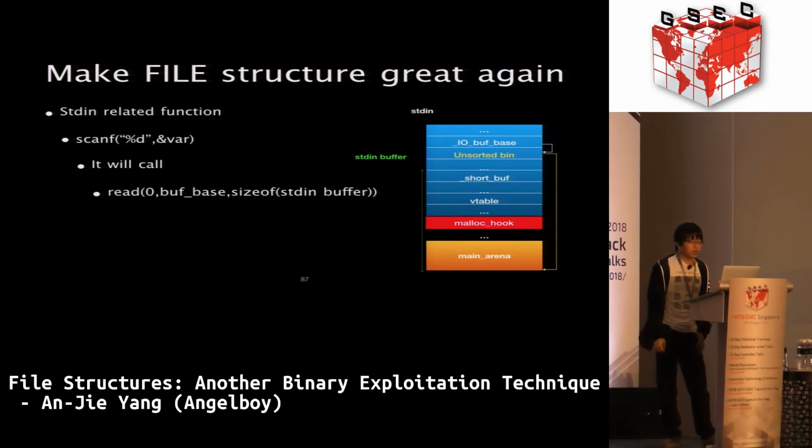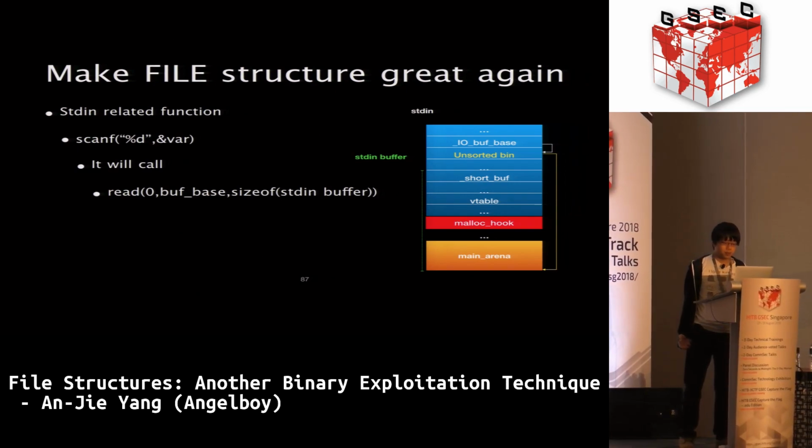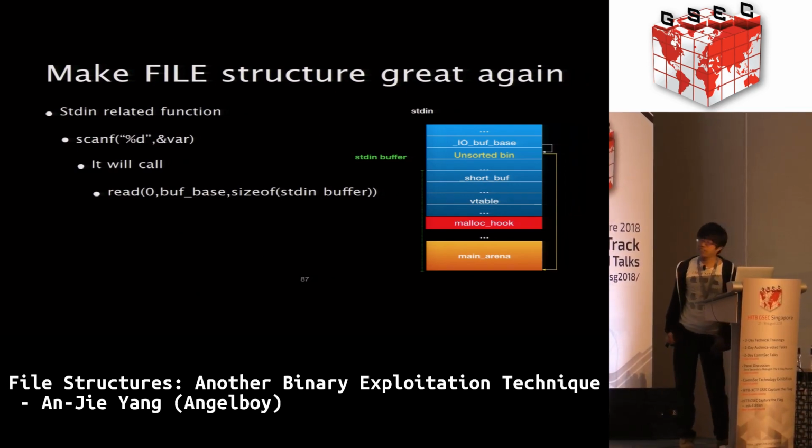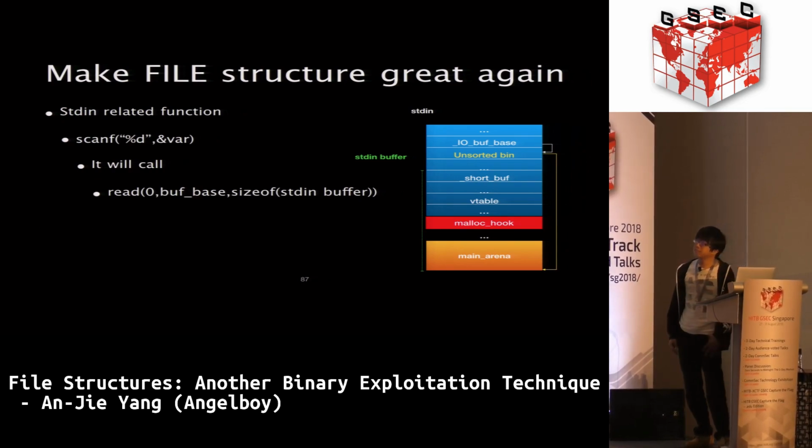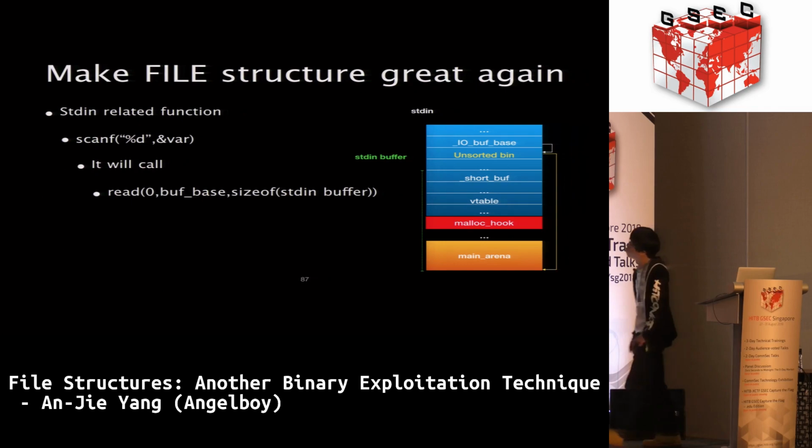Therefore, it will use the large buffer as a string buffer while we call some standard in related function. For instance, if we call scanf %d, it will call read. The first parameter is 0, the second parameter is buffer base, and the third parameter is the size of the standard in buffer. So we can override the standard in buffer.